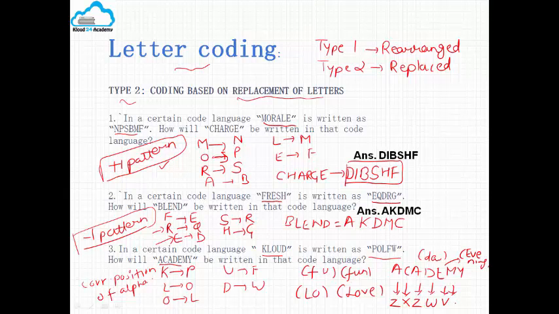M is replaced with N, and Y is replaced with B. So this is the answer: Z, X, Z, W, V, N, B. So in type 2, letters were replaced with different letters.